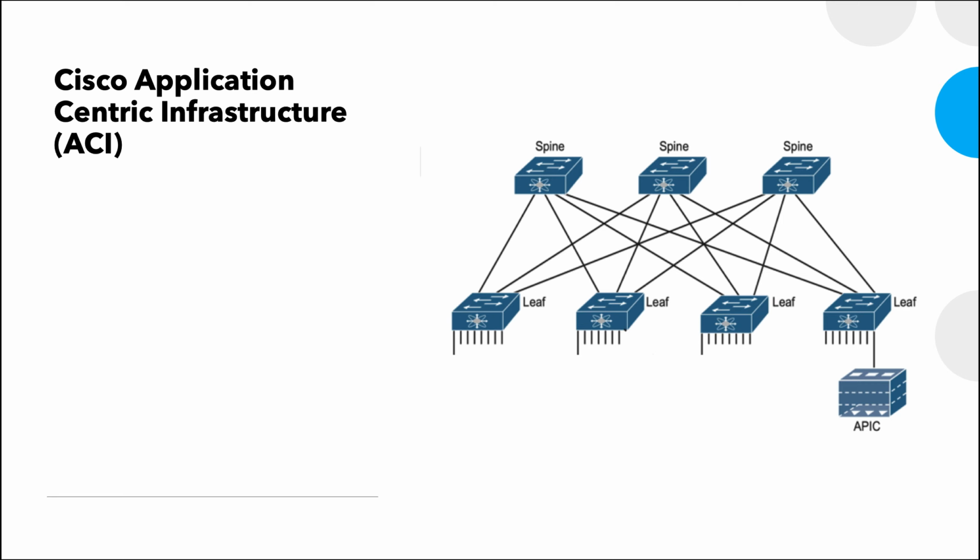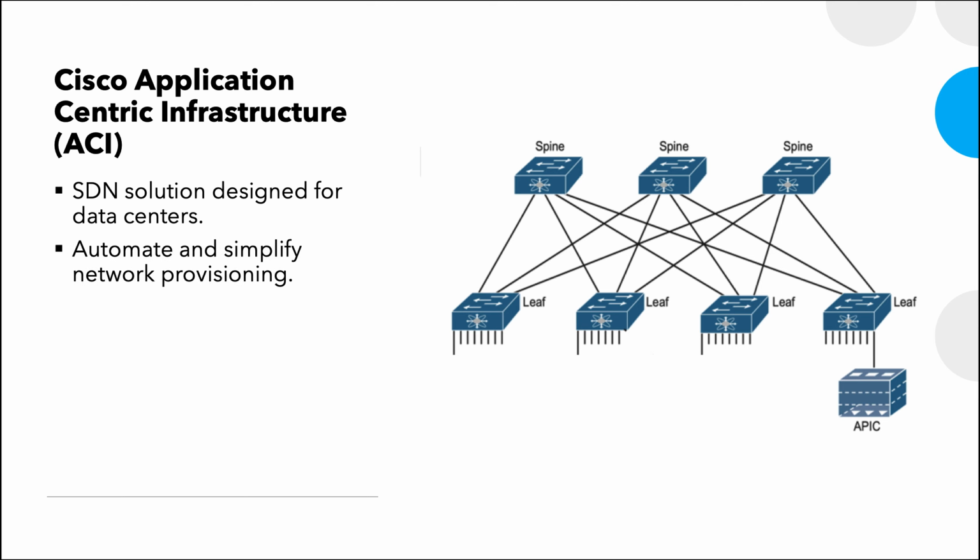The next solution we have is Cisco Application Centric Infrastructure or ACI. Cisco ACI is a software-defined networking solution designed for data centers. It is designed to automate and simplify network provisioning and management in data center environments.